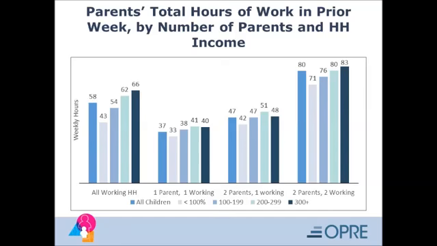And so, for example, we see in the first set of bars that across all working households that had a child between 0 and 60 months, on average, the combined number of hours worked by parents was 58. So 58 hours of work in the reference week.